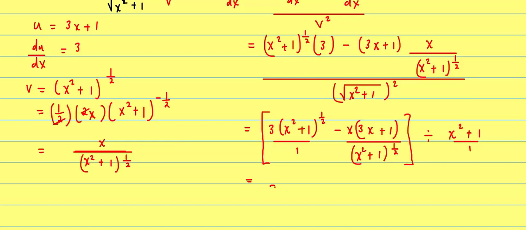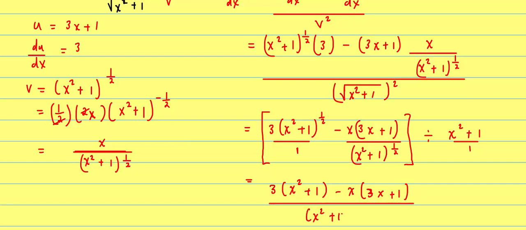So we are going to have 3 multiplied by x squared plus 1 minus x into brackets 3x plus 1. All this is now over x squared plus 1 to the power of a half.